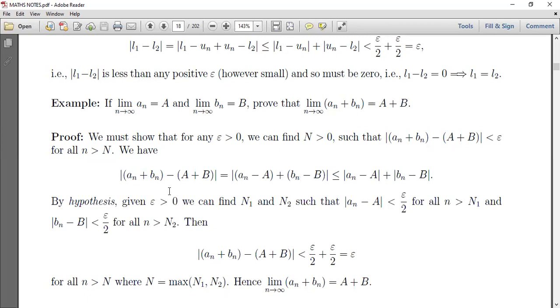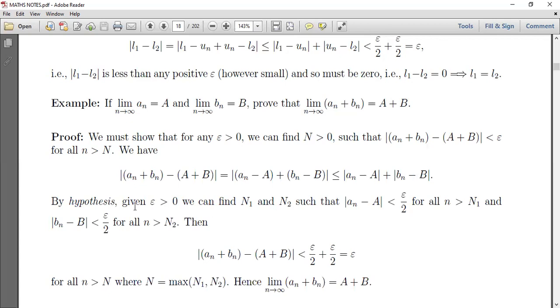It's just a matter of separating these things. And this should be less than or equal to the modulus of AN minus A plus the modulus of BN minus B. And this is the limit of AN, and this is the limit of BN.